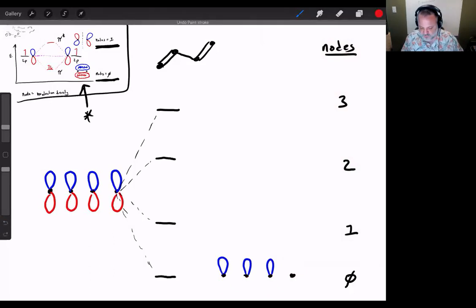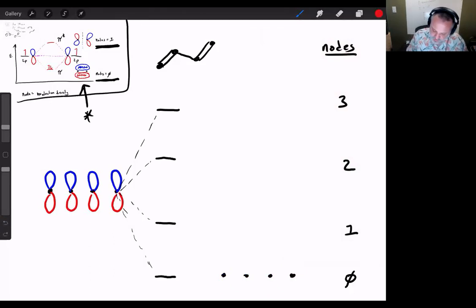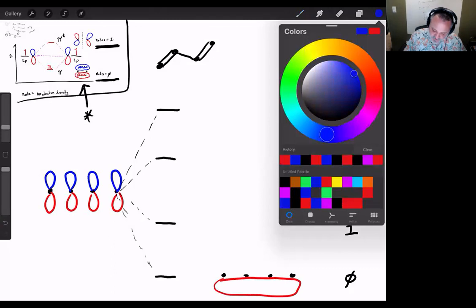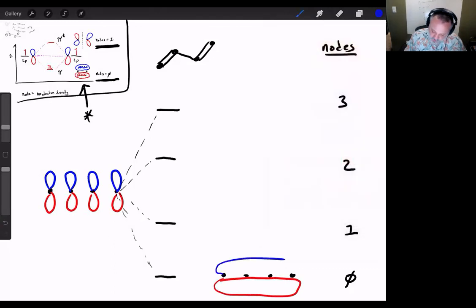So what would the resulting orbital look like? The resulting orbital would have electron density that spreads across all 4 atoms.